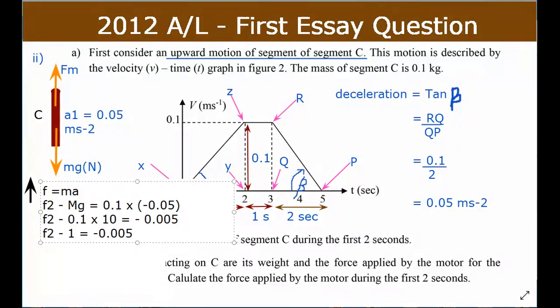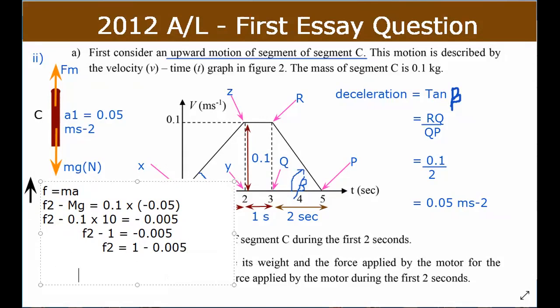0.005. So let me take this minus 1 to the other side. Minus 1 goes to the other side as plus 1. So F2 equals plus 1 minus 0.005.